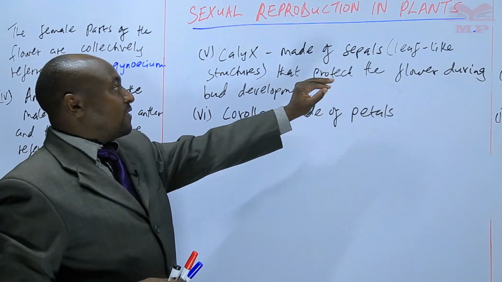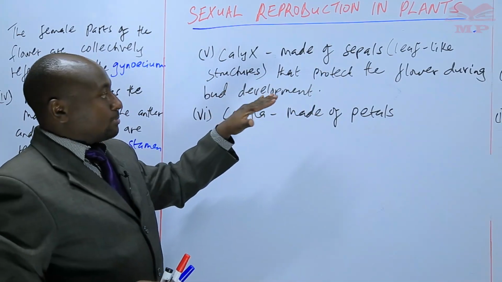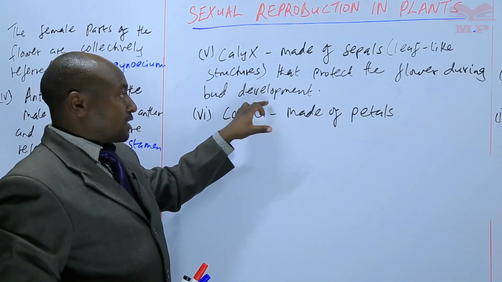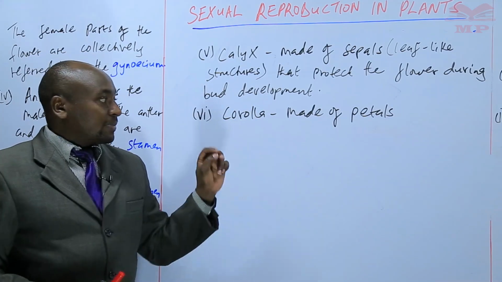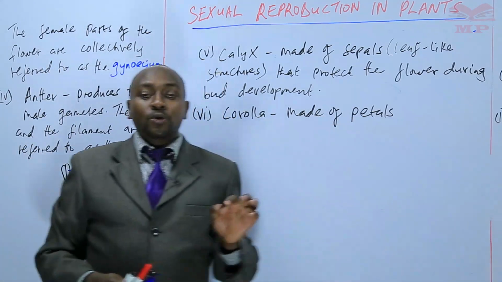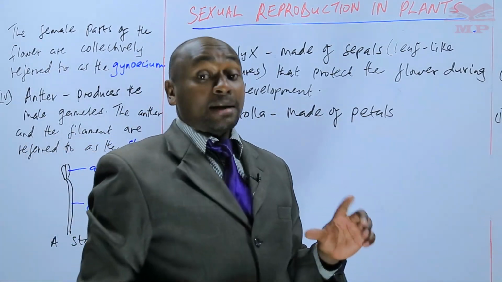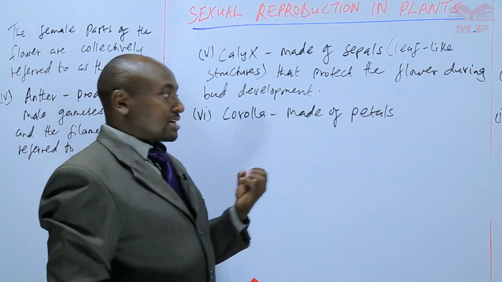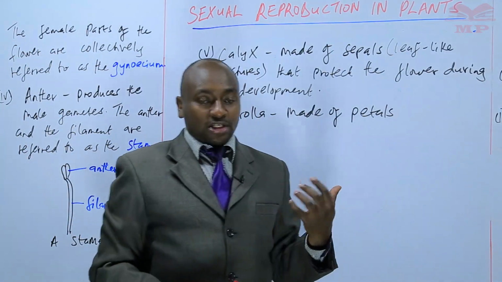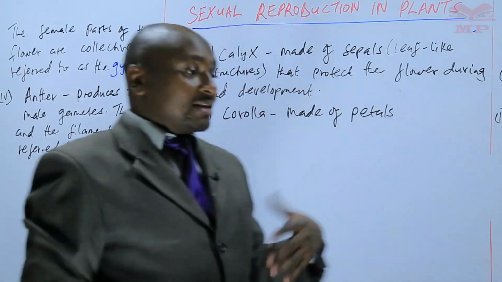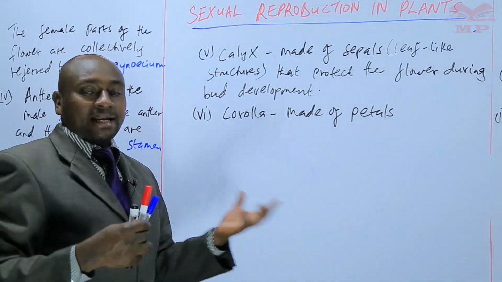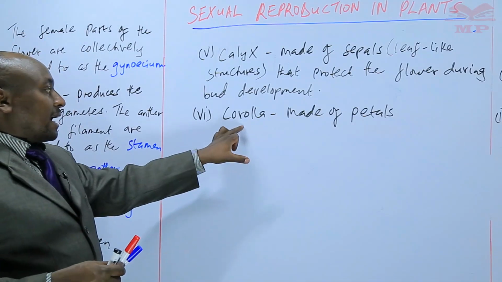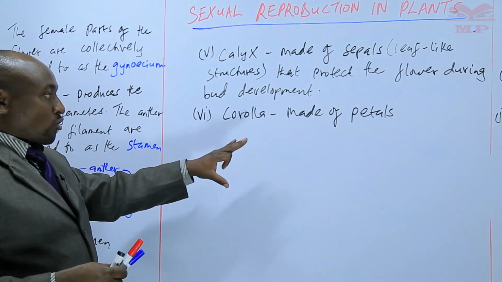Calyx is made of leaf-like structures that protect the flower during bud development. That's the function. But the corolla is made of petals, which in most cases are brightly colored, and they are the ones that attract the agents of pollination, such as the insects. The insects are attracted by the brightly colored petals. So those petals collectively form the corolla.